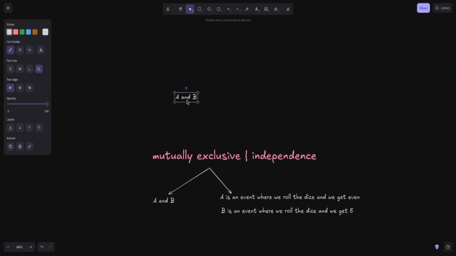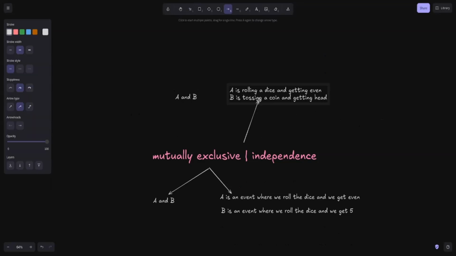Independence means the two events are not even related. A is rolling a dice and getting even, and B is tossing a coin and getting head. These two are not related to each other in any sense, right?